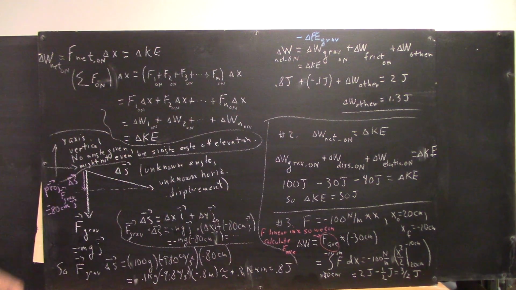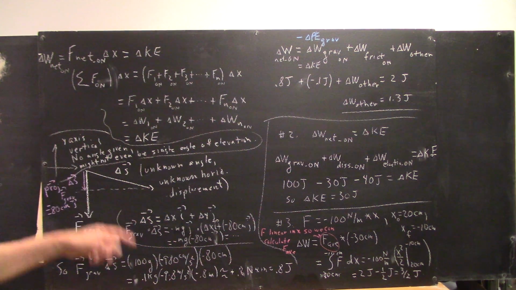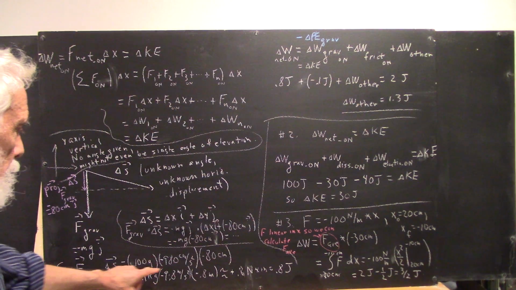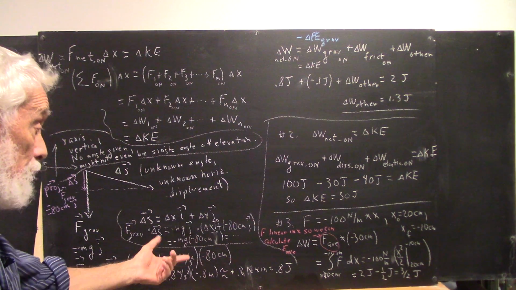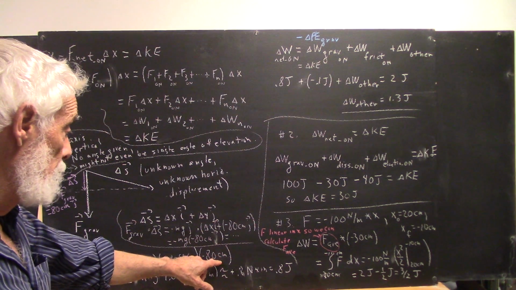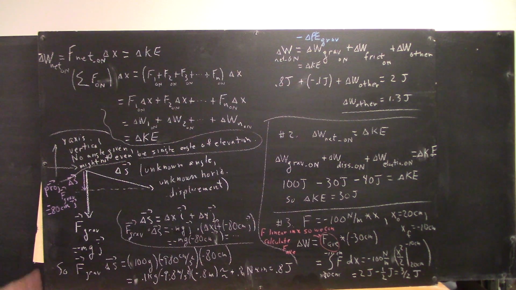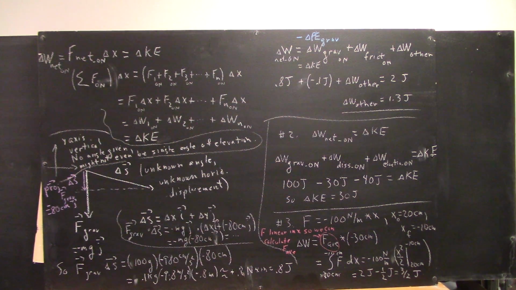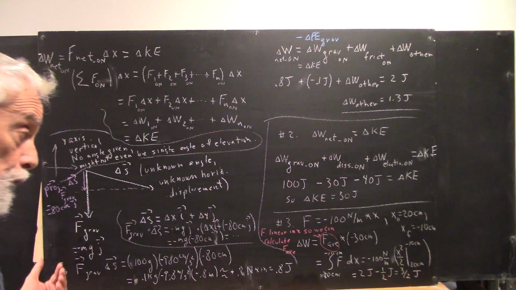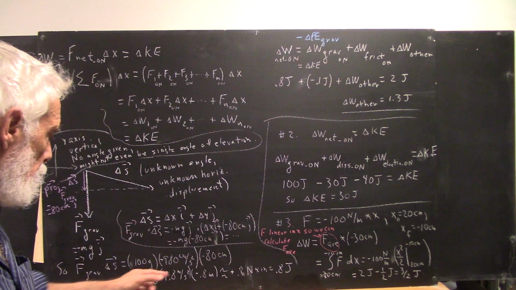Alternatively, we can think of this projection and multiply this projection, and that's what I do here. Here's my m, here's my acceleration, so that's going to give me negative mg times negative 80 centimeters. We could do this in centimeters and grams and seconds, getting the work in ergs, but we don't really want to do that because that number is going to be really big.